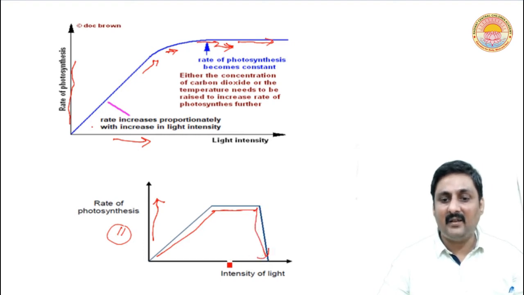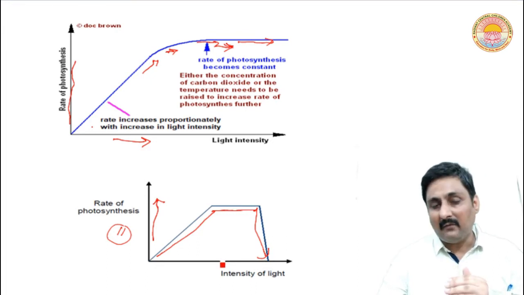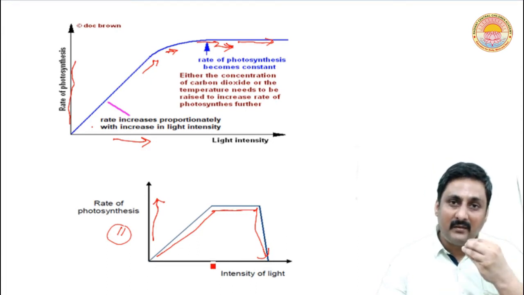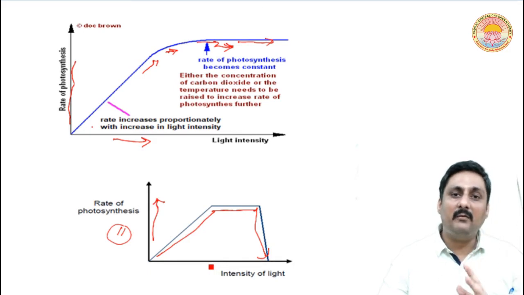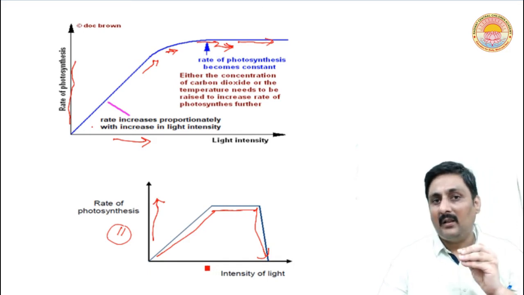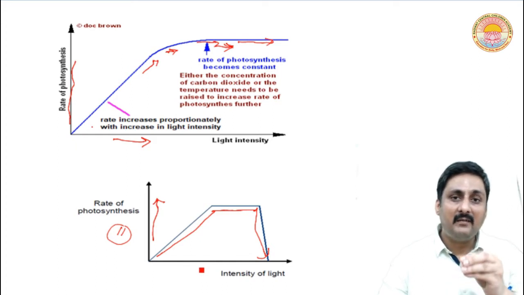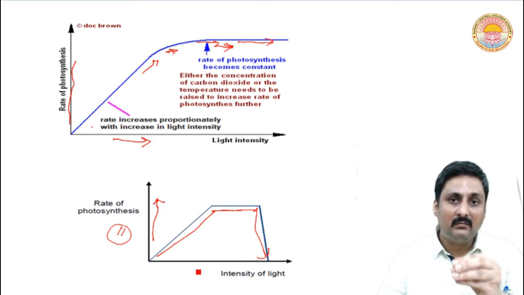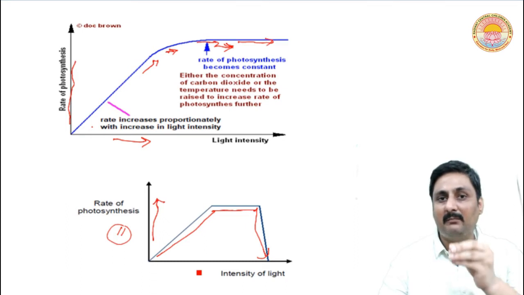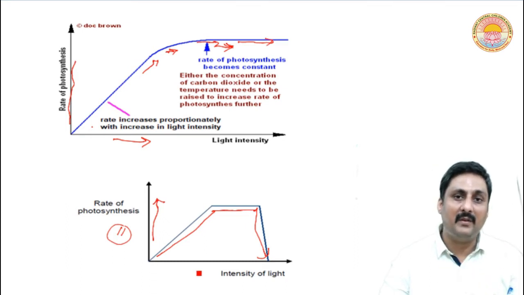So light intensity affects the rate of photosynthesis. After a certain level, if you start increasing the light intensity, a stage will come when it will start to damage the chloroplast and the chlorophyll pigments which are present in them.